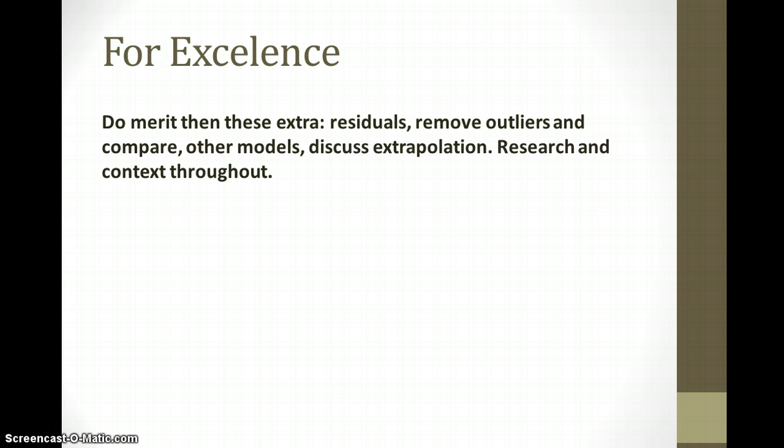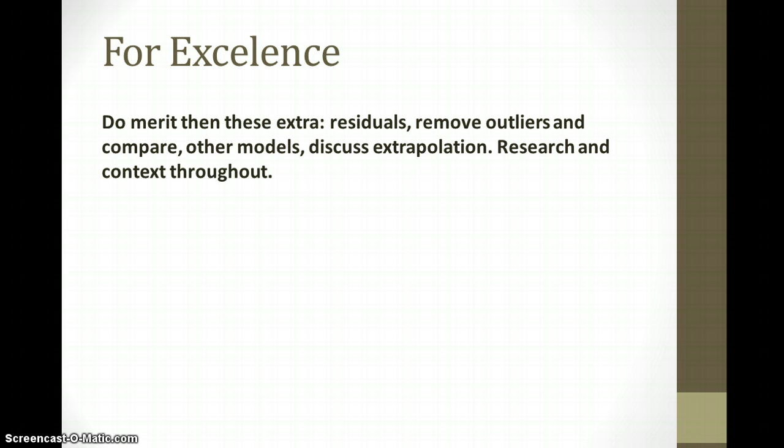And then thirdly, for excellence, you need to maybe look at other models that might work, or lastly, you could discuss extrapolation, and I've talked about what extrapolation is already. And obviously with excellence, you need to have some research there, backing up the results that you find within your own analysis.